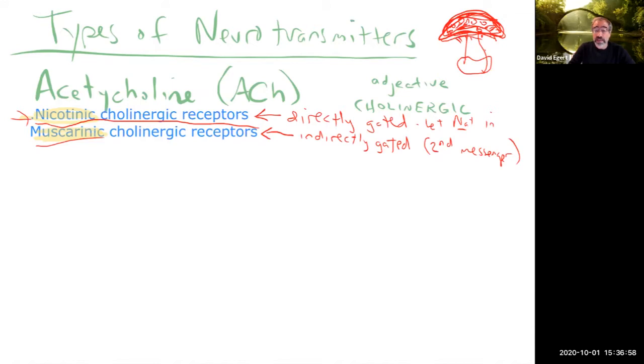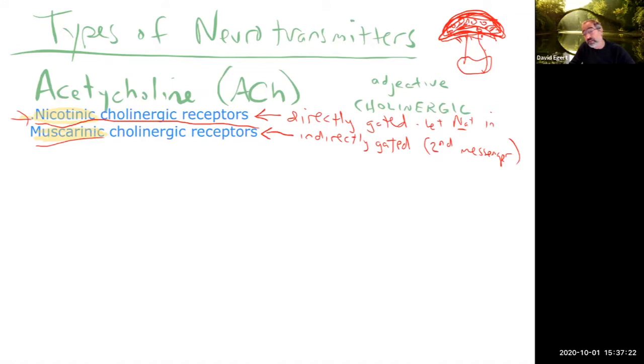When we look at skeletal muscle cells that have nicotinic cholinergic receptors, we know that those neuromuscular junctions are always excitatory. Whereas when we look at the parasympathetic motor, where we also have neuromuscular junctions with acetylcholine, but with muscarinic receptors, it really depends on which one you're looking at.